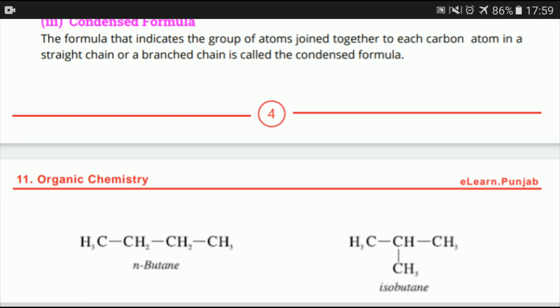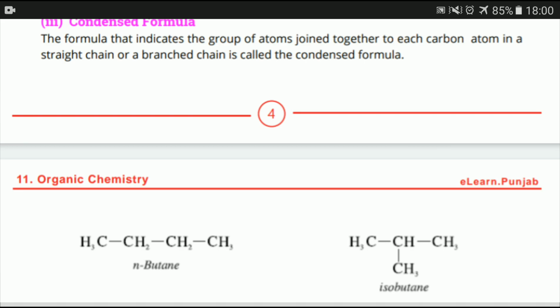Atomic number of carbon is 6. 2 electrons are present in the first shell. 4 electrons are present in the outermost shell. Now carbon can make 4 bonds with other atoms.